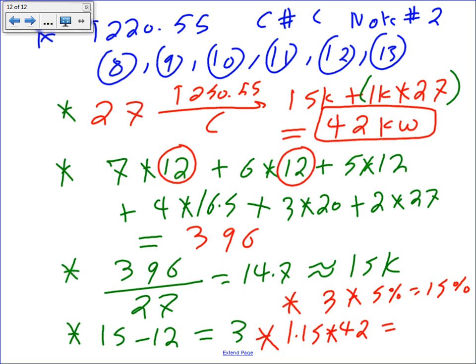What's 1.15 times 42? That's my demand for all these. 48.3 kW. Done, thank you. And that's the demand for all these put together.